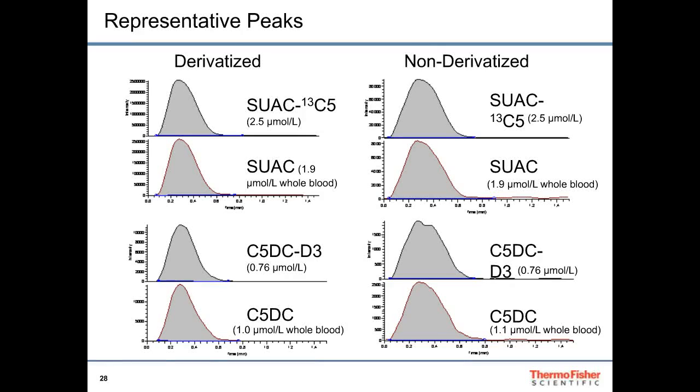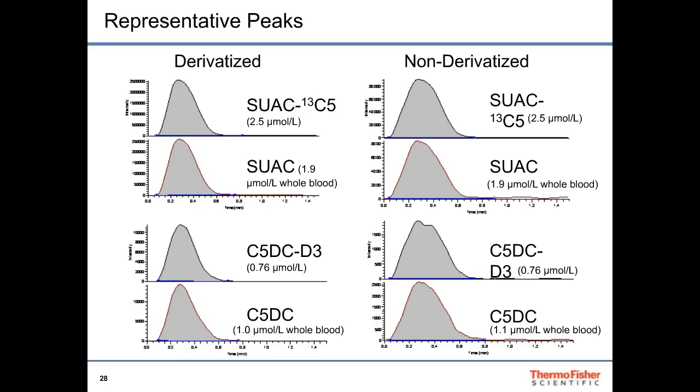Represented are peaks from flow injection analysis detected by SRM transitions for succinylacetone, that's SUAC, and glutaryl-carnitine, that's the C5DC, so that really is a 5-carbon dicarboxylic acid.